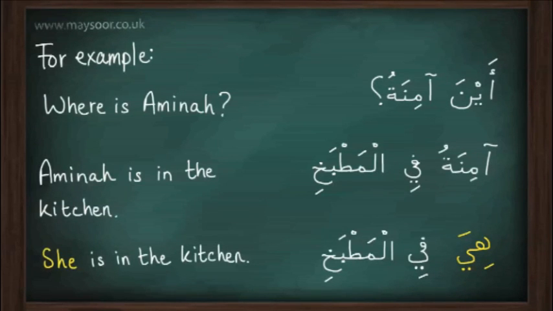We can see in these two examples that the pronouns huwa, meaning he, and hiya, meaning she, have been used to replace the name of a person. In the first example, huwa replaced the name Yasir, and in this example, hiya replaced the name Amina.